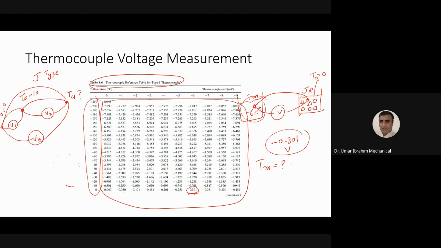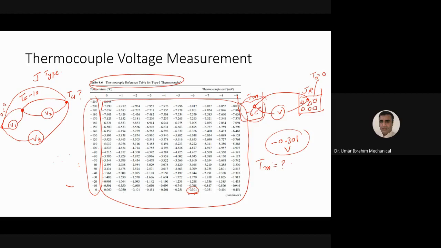What I mean to say is, and I'll explain in detail: see, the table you have, all the voltage values in the table are for the given condition that your reference junction is at 0 degree C. Okay. If your reference junction is at some other temperature, other than 0 degree C, okay, you did not keep the reference junction in the ice bath, you kept it at some other temperature, and that temperature is known. If that temperature is known, then how would you use this table?